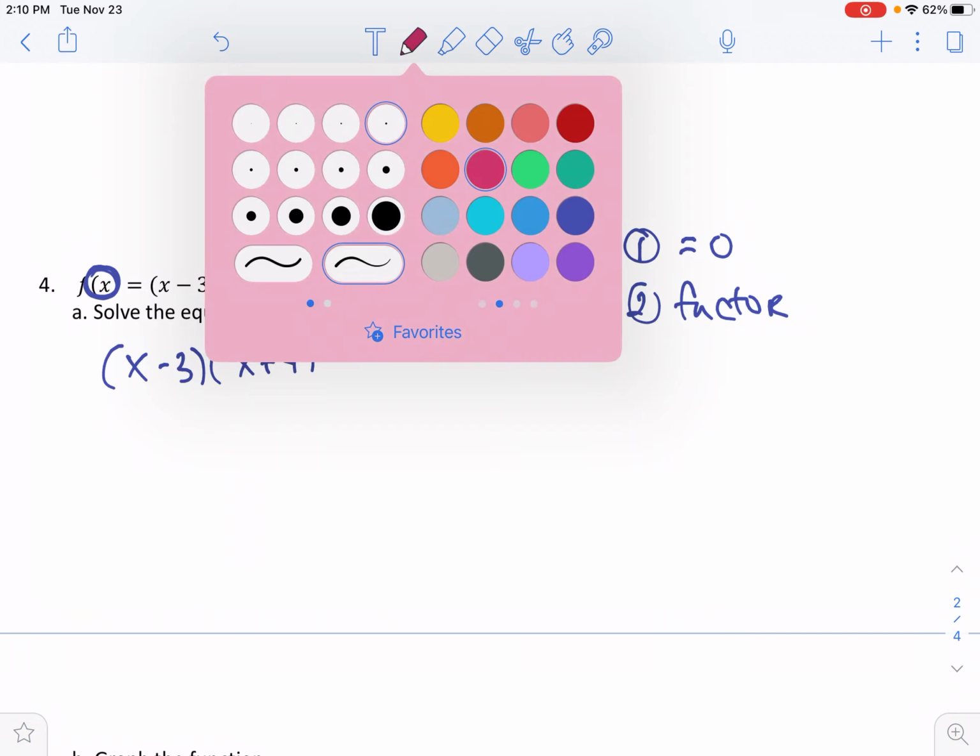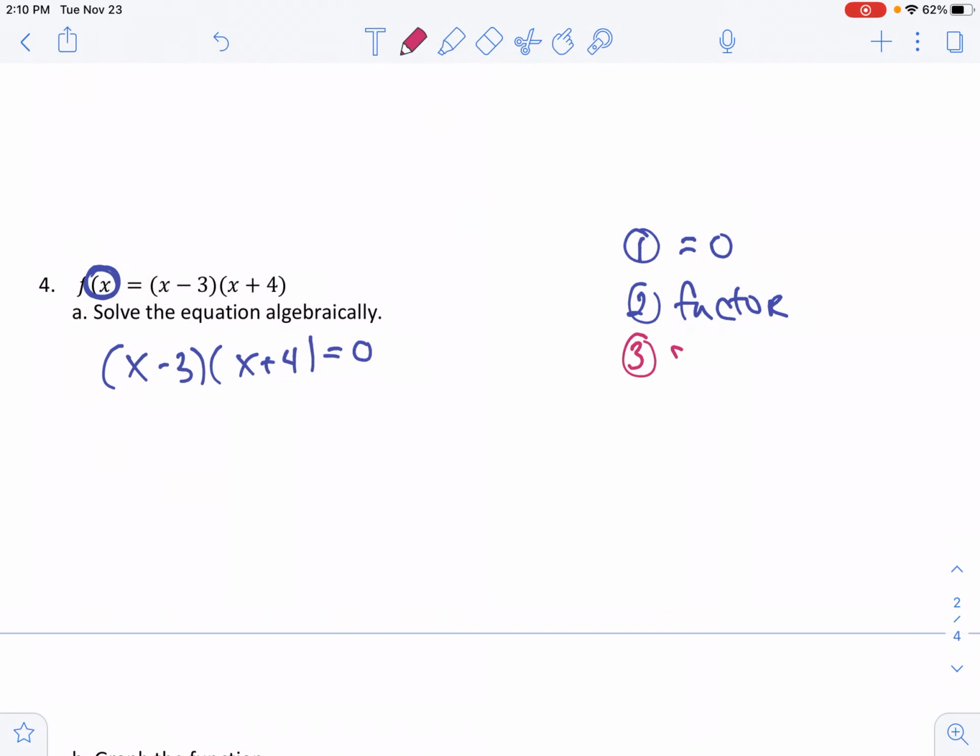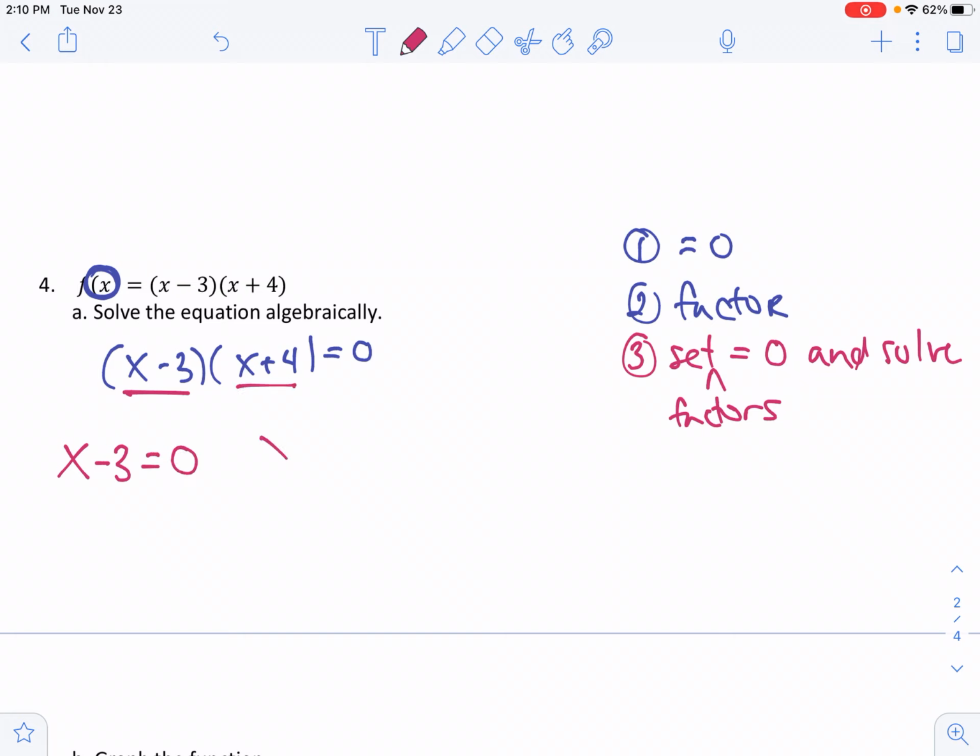Step number 3, and this is why we like this, is to set it equal to 0 and solve. And what I mean by that is to set the factors equal to 0. This equation right here is x minus 3 equals 0, and this equation right here, x plus 4 equals 0.